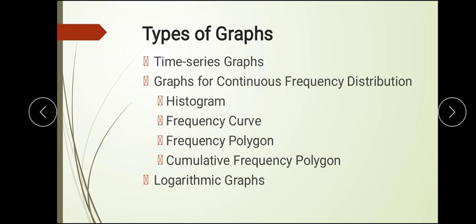In your syllabus only the names should be known, so we are just going through the names only: time series graphs, and histogram, frequency curve, frequency polygon, cumulative frequency polygon, which come under the main heading of continuous frequency distribution, and lastly logarithmic graphs.